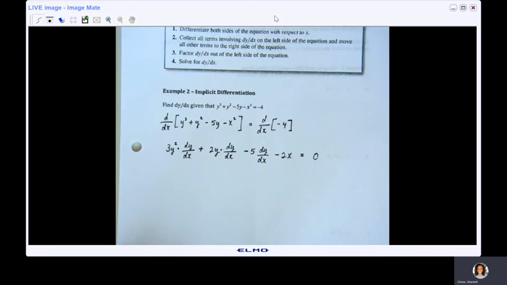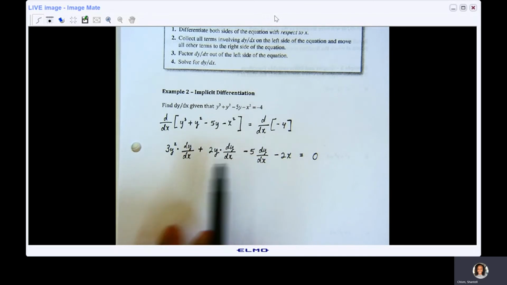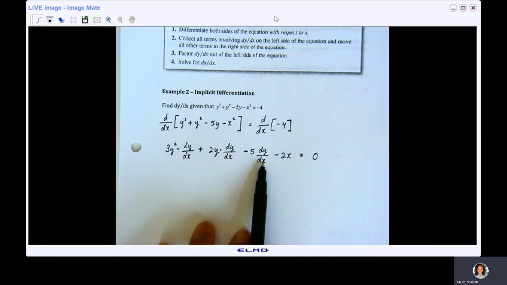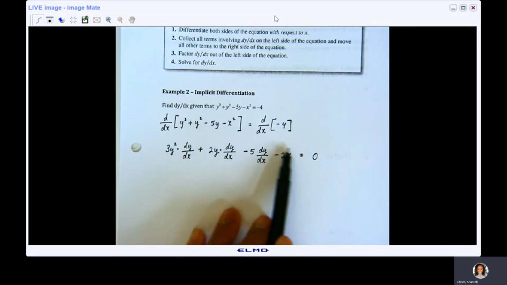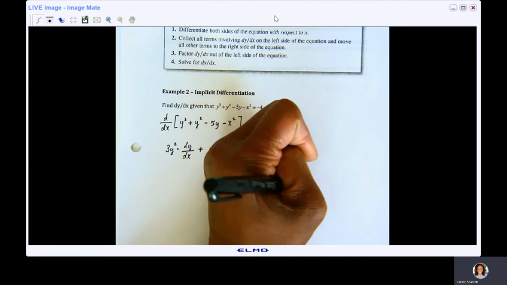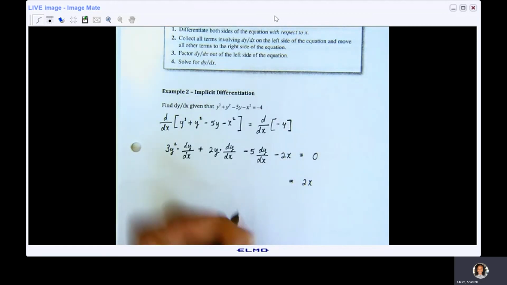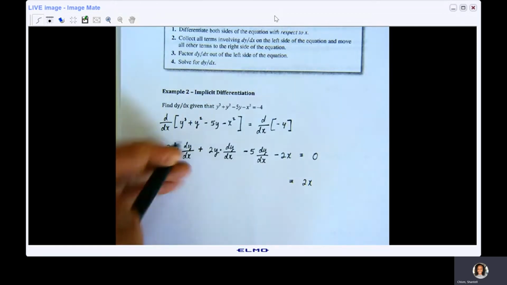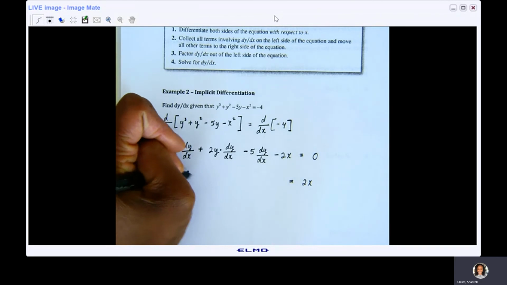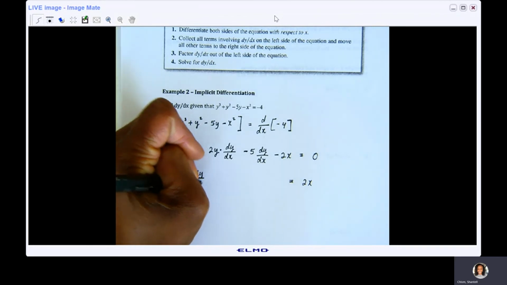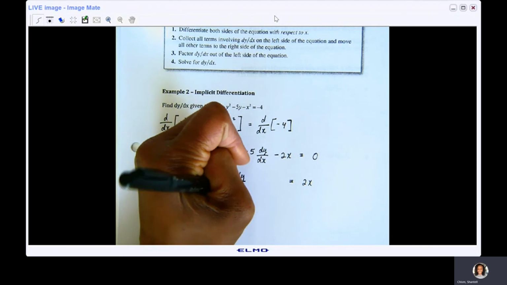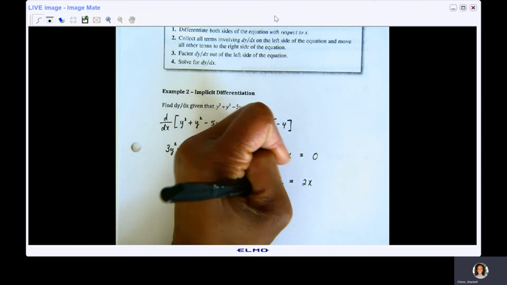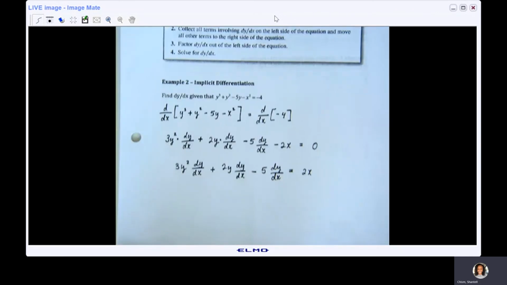Okay? So right now I've got three terms here that involve dy over dx. Remember, my goal is to solve for dy over dx. I'm going to take this term that does not have a dy over dx to the other side, by saying plus, so it's now positive. That leaves me with 3y squared dy over dx plus 2y dy over dx minus 5 dy over dx.